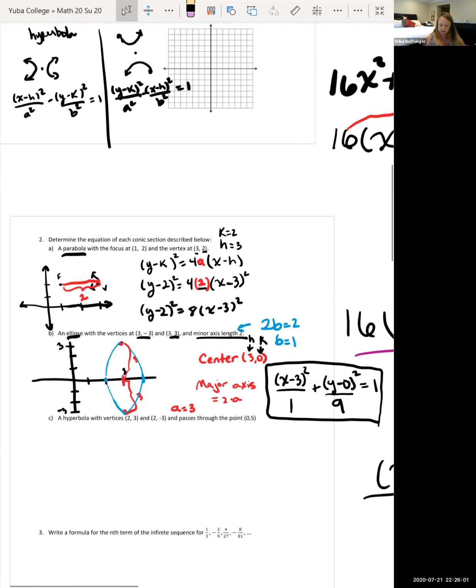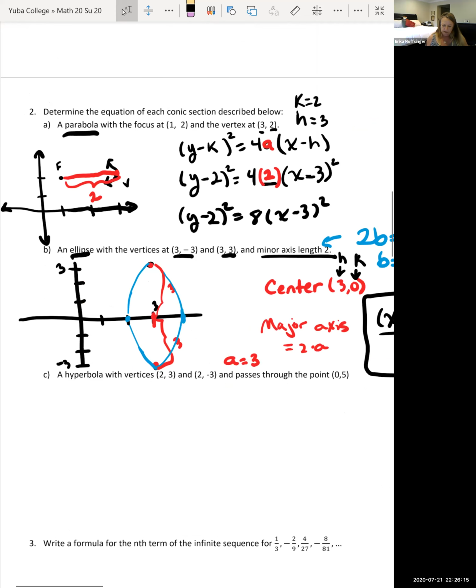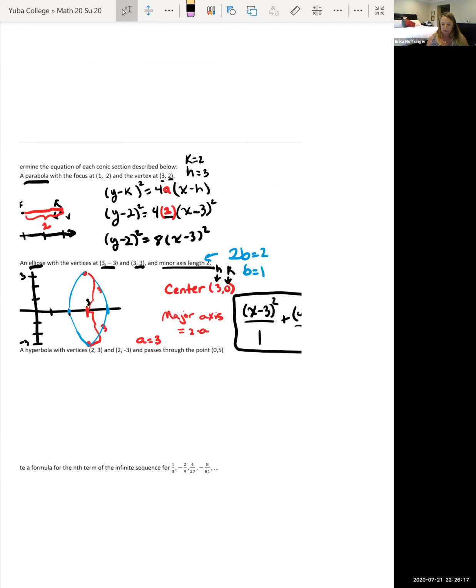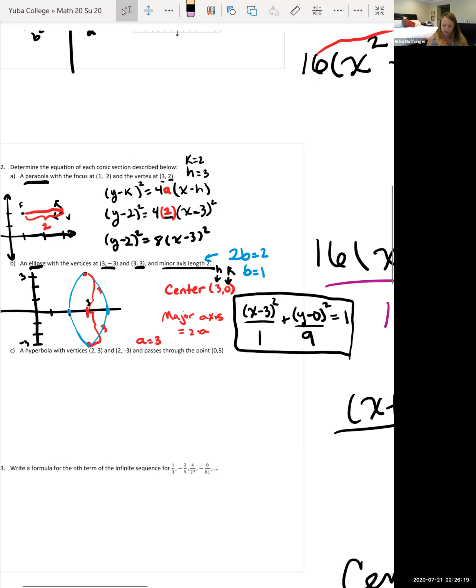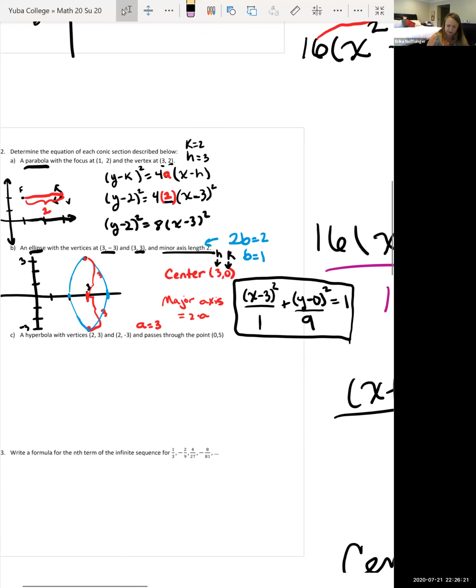Okay, so going to the next one. A hyperbola with vertices (2, 3) and (2, -3), and passes through the point (0, 5). Okay, so again, we're going to want to start plotting what we have. So we have vertices at (2, 3) and (2, -3).